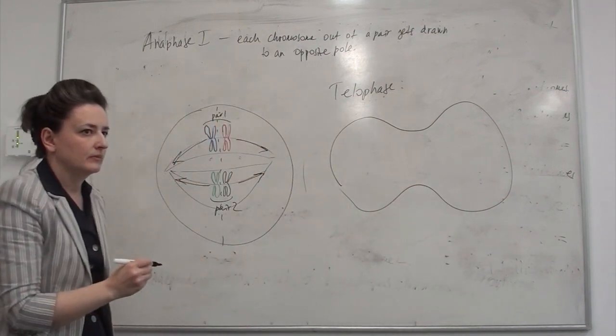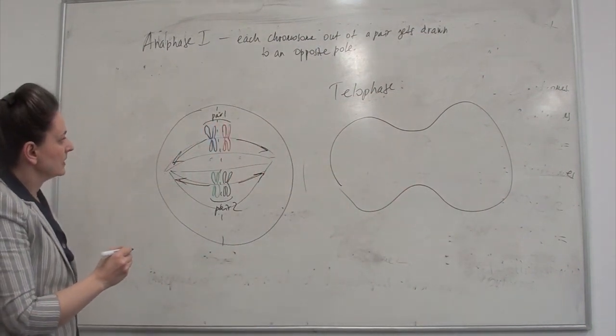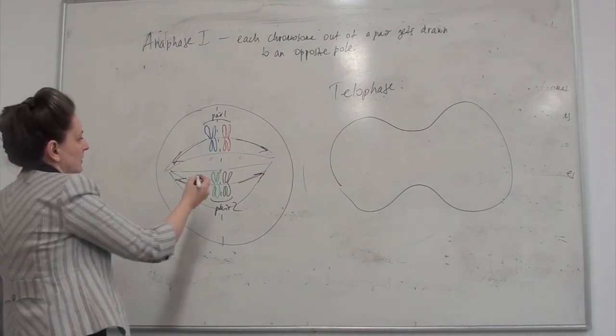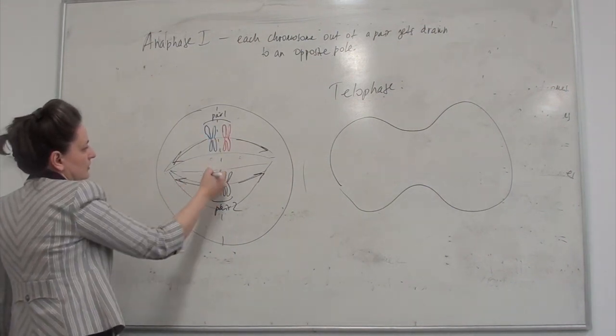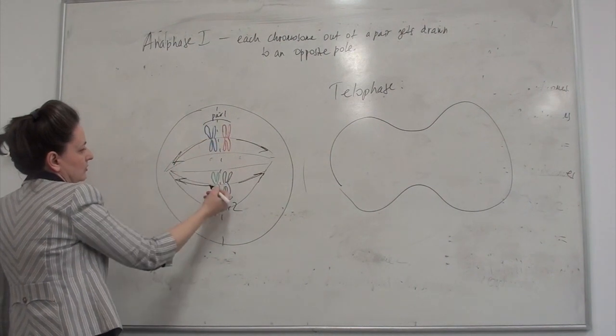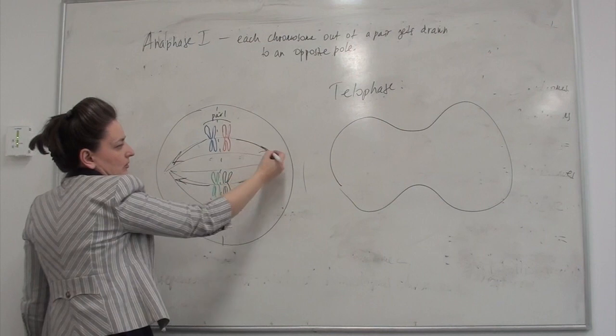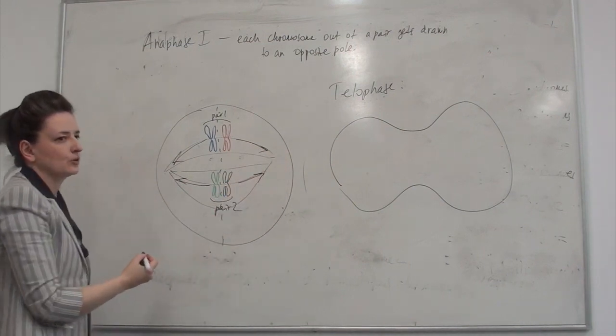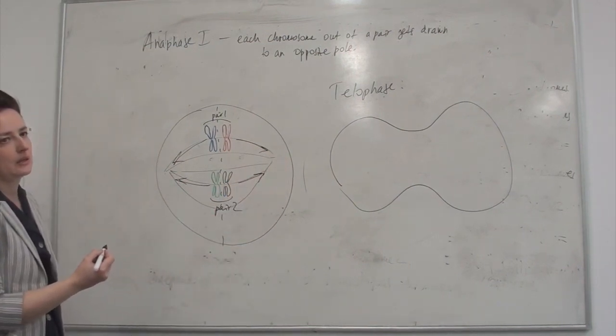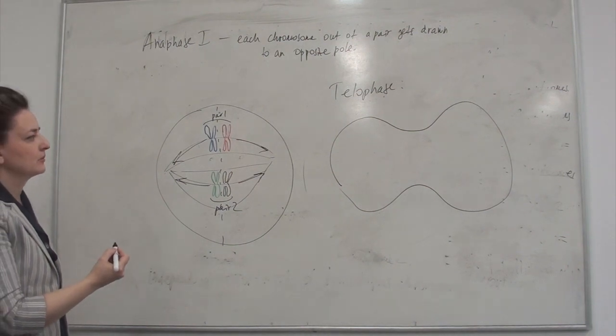Do you know what happened in anaphase? The blue and the green are going towards that pole, the red and the black are going towards the other pole. So if you don't mind, I'm not going to draw another separate diagram because I just want to understand anaphase, but if you wanted to, you could.